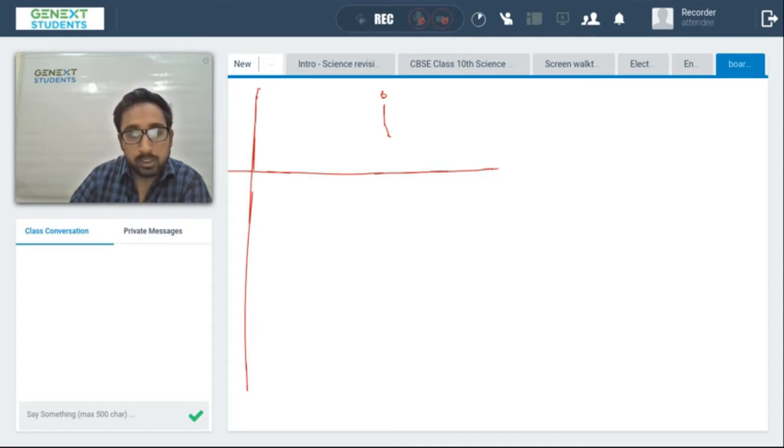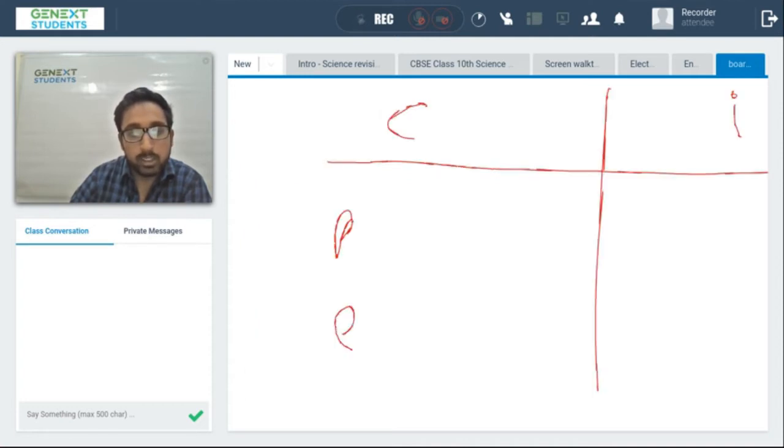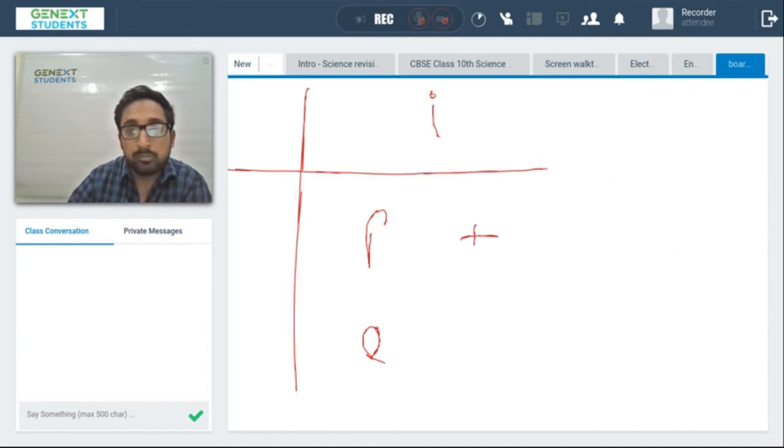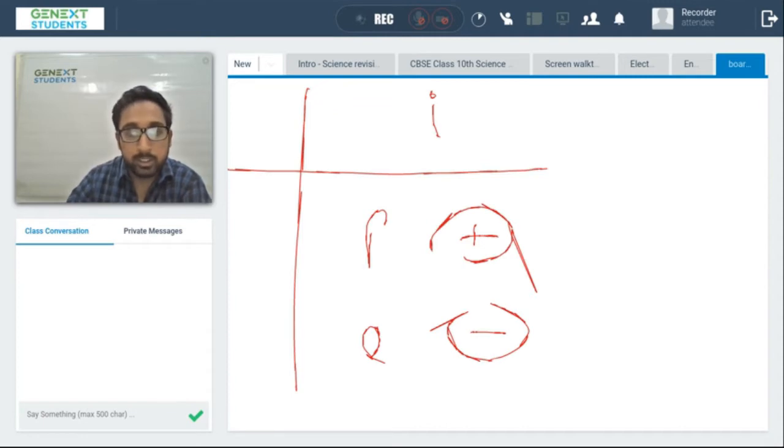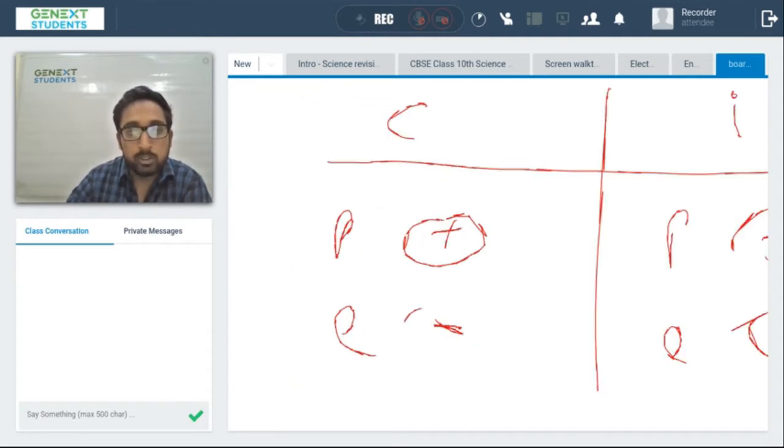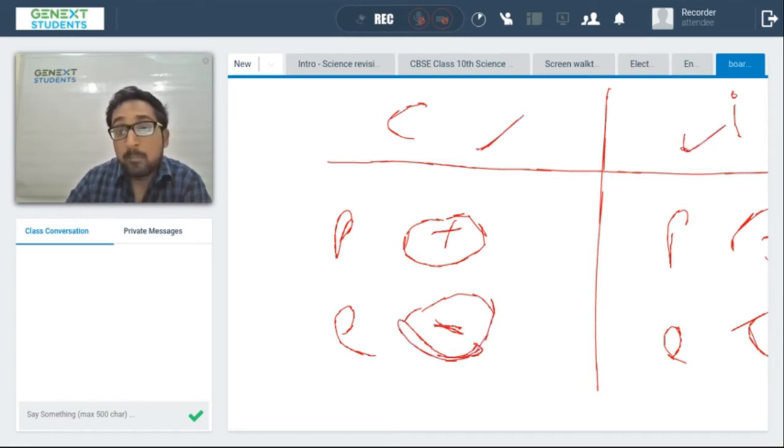Every atom in this world contains positive charges and negative charges, right? Either it be conductors or insulators, every one contains positive charge and negative charge, right? So what is the difference between conductors and insulators is that in conductors there is no movement of protons.